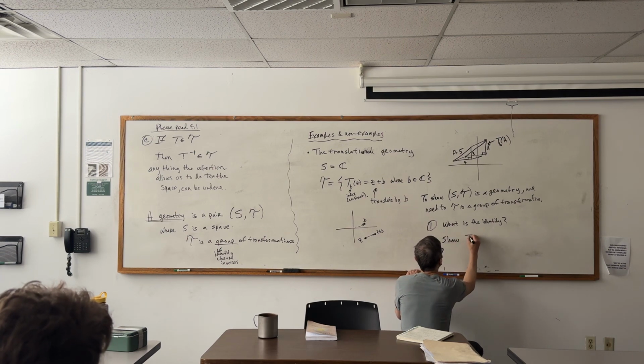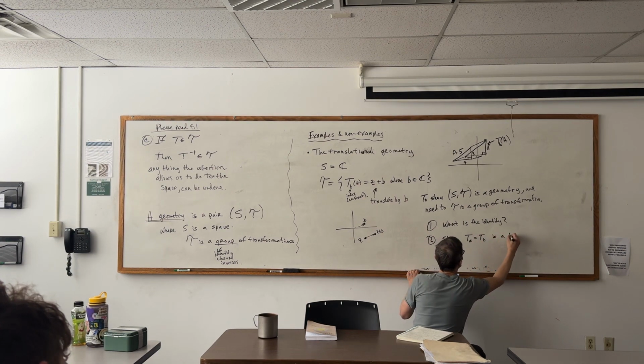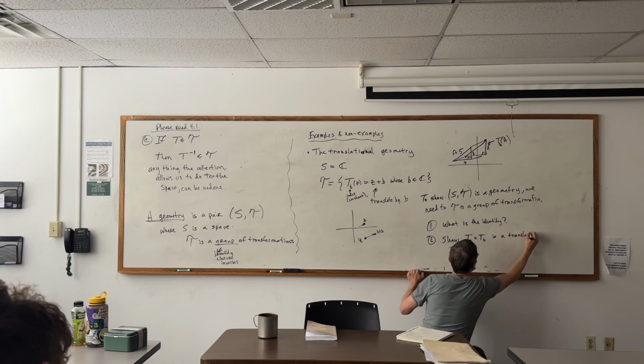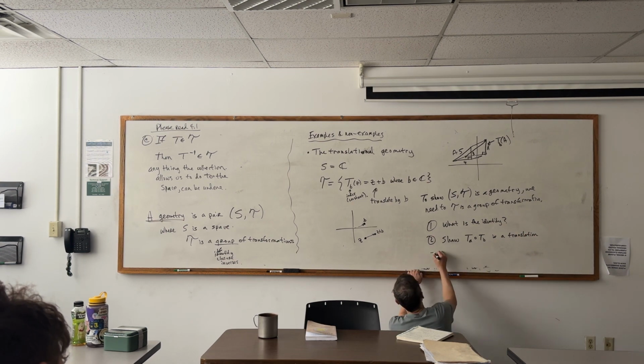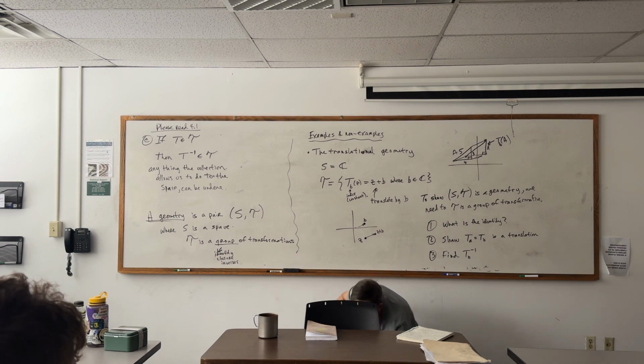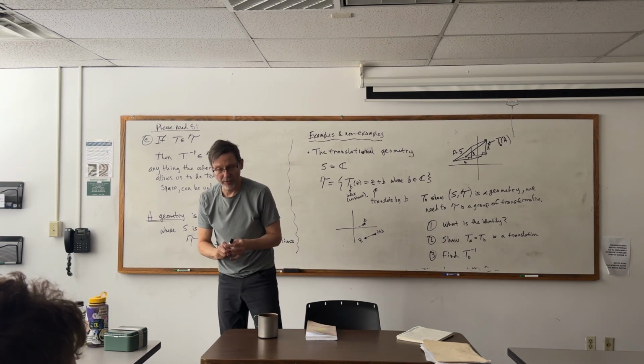Show that T sub A composed with T sub B is a translation. And 3 is find T sub B inverse. These are getting very abstract.